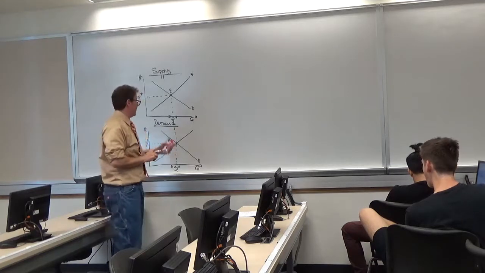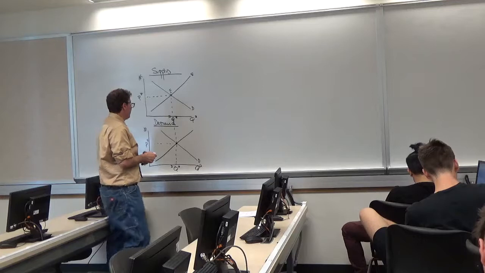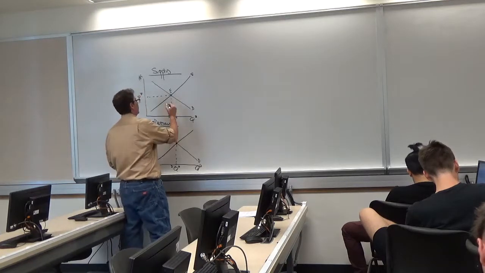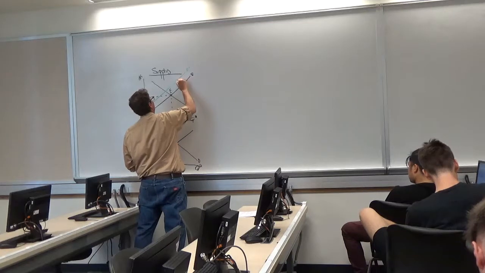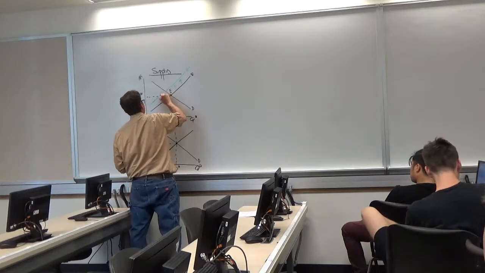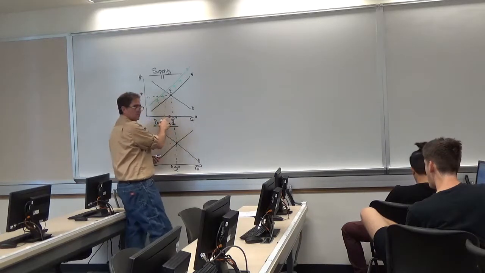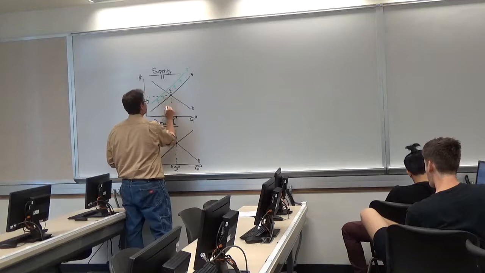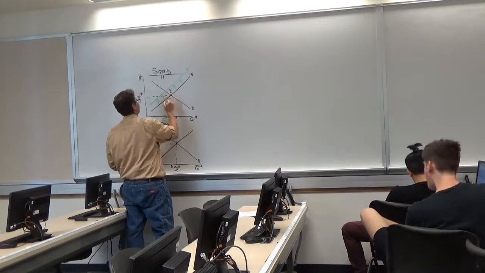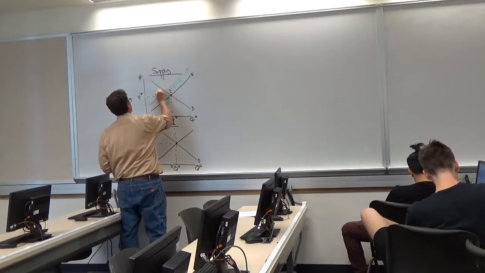Then we're going to do 4 things. First we're going to shift the supply curves. If supply shifts back, what happens to quantity supplied? It shifts back. Got it. And if supply shifts back without any movement in demand, what happens to price? Got it.